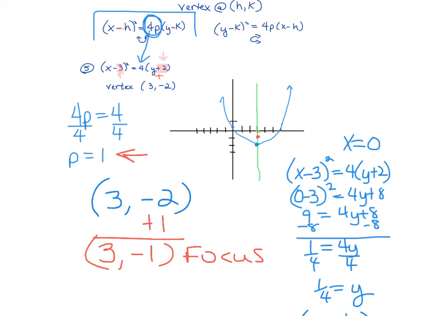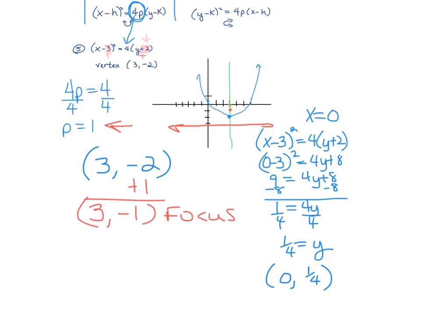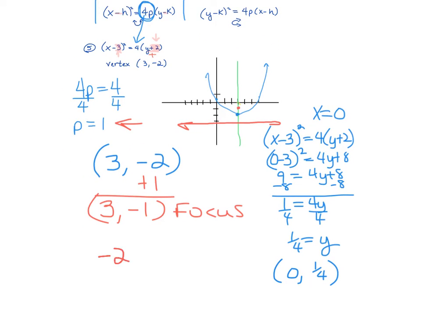The directrix is 1 below the vertex. So if you took the y value of the vertex and you subtracted 1 from it, you get y equals -3.